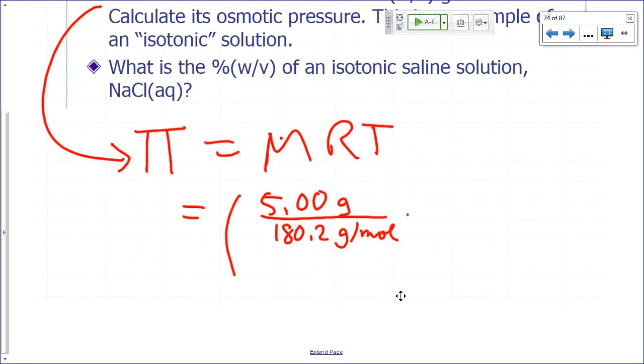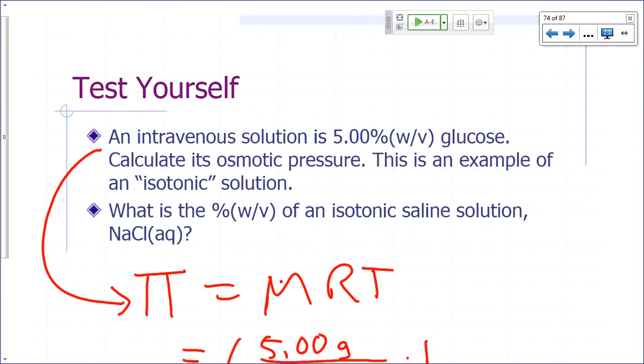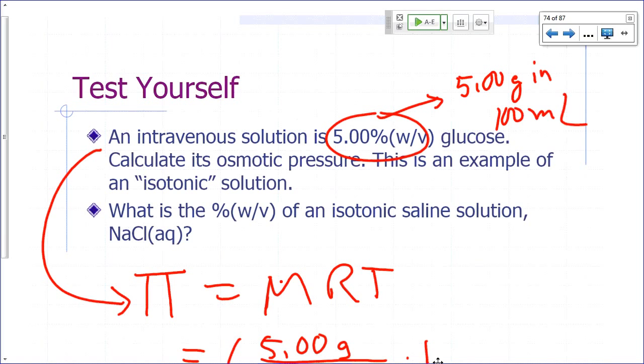And multiply by 2, by 3, or what? Just 1, because your glucose doesn't dissociate. Divided by, that's 5 grams in 100 mL, right? 5% means 5.00 grams in 100 mL. That's what percent weight by volume means.